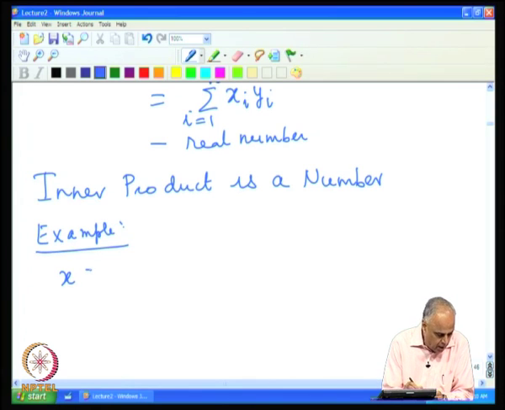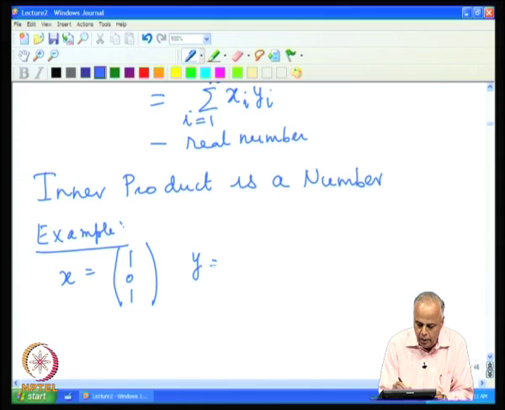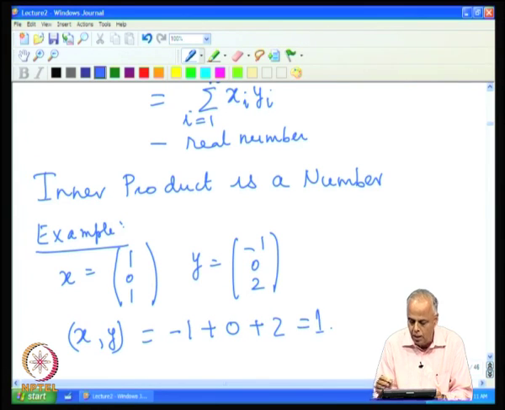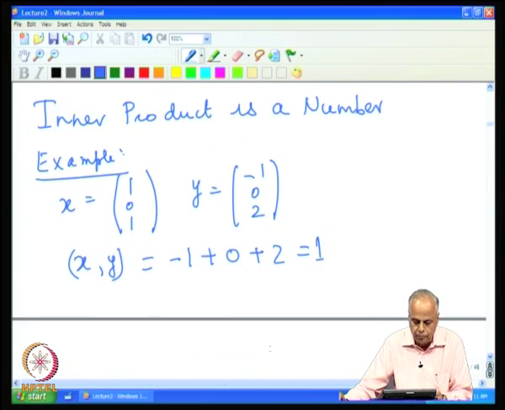Let us take x equal to (1, 0, 1) and y equal to (minus 1, 0, 2), then the inner product is simply the sum of the products of the corresponding components, which is minus 1 plus 0 plus 2, which is 1, a real number.